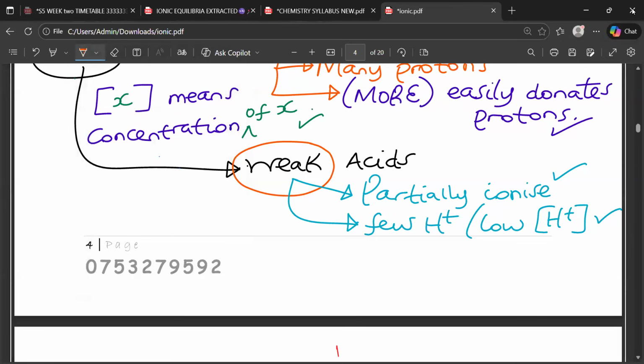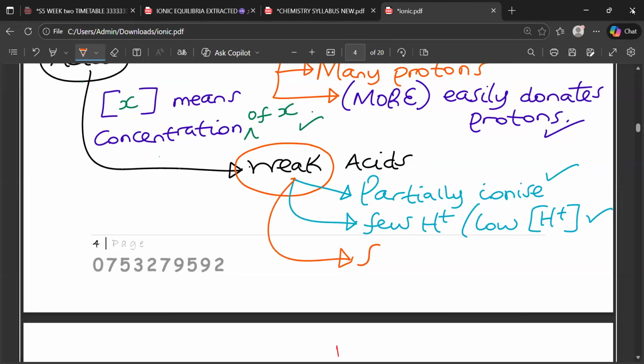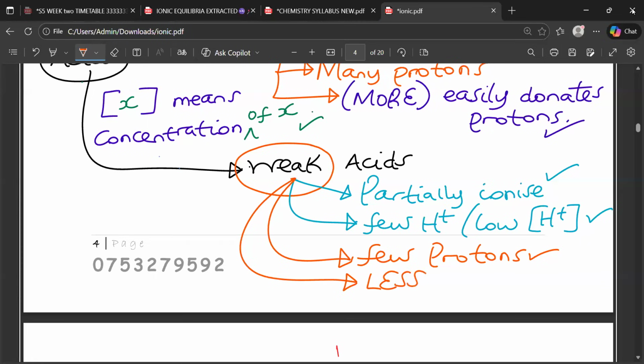You look here. So this one, because the hydrogen ions are few, and hydrogen ions are protons, the protons are few. It's giving us few protons. That means even if it is to donate, it doesn't donate well, less easily.